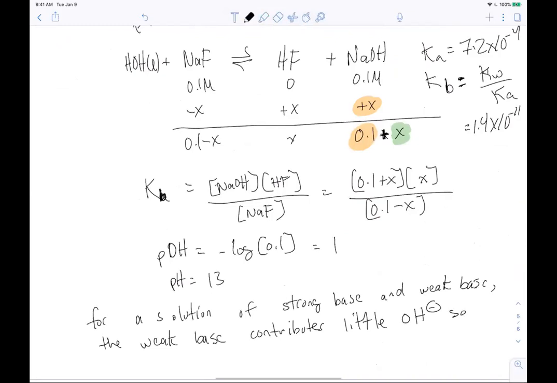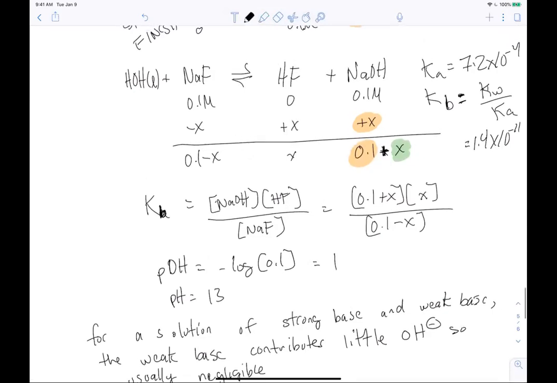So usually it's negligible. You can imagine that it's not always true that it's negligible. But if you have a high concentration of sodium hydroxide, or a high concentration of strong base, then the concentration of weak base is going to be insignificant. If you had a really, really small amount of the strong base, then you might have to worry about the contribution from the base here.